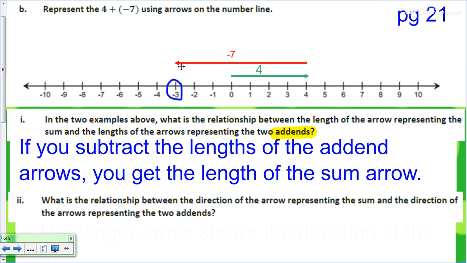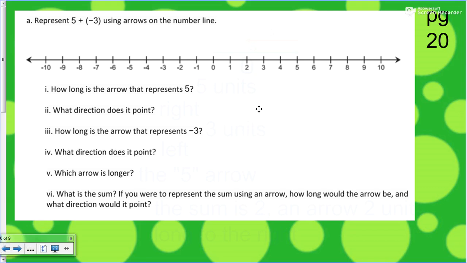Let's talk about that. The length of this arrow was 7. The length of this one was 4. 7 minus 4 is 3. And the length of the arrow, if we were to do the sum, was 3. In our last problem, the length of the first arrow was 5 units.